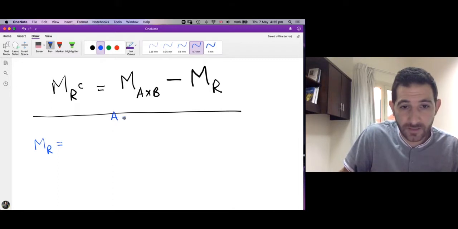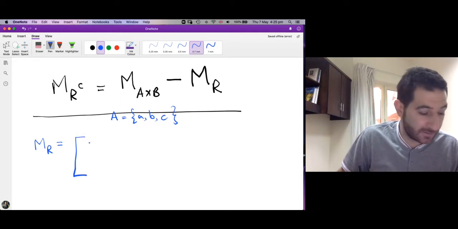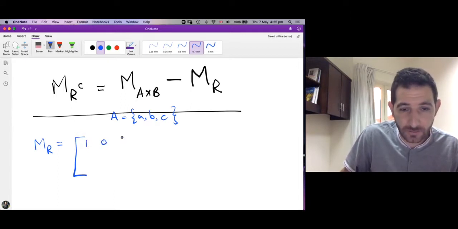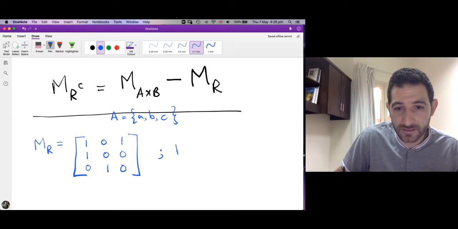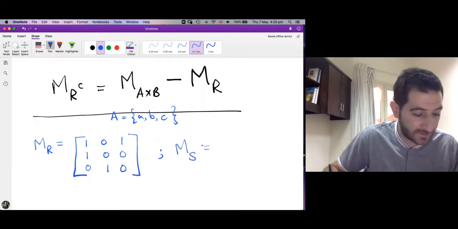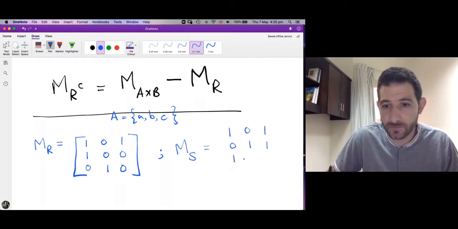Suppose A is the set containing A, B, and C. We have 3 elements, and MR is the matrix given to us by 1, 0, 1, 1, 0, 0, and 0, 1, 0. So this is the matrix representing the relation R. And here is the matrix representing the relation S. It's 1, 0, 1, 0, 1, 1, and 1, 0, 0.